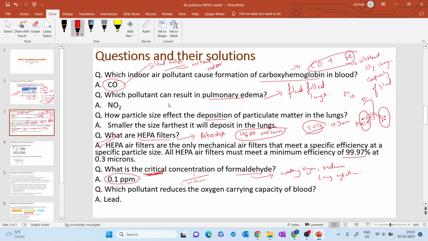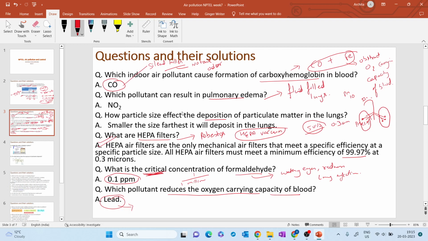And similar to carbon monoxide, there is another pollutant which reduces the oxygen carrying capacity of blood, and that is lead. From indoor air pollution, especially if you don't use proper paint, or for example these days there are lead free paints.